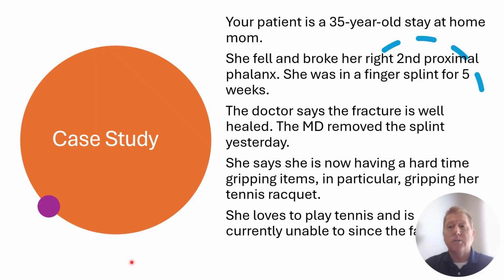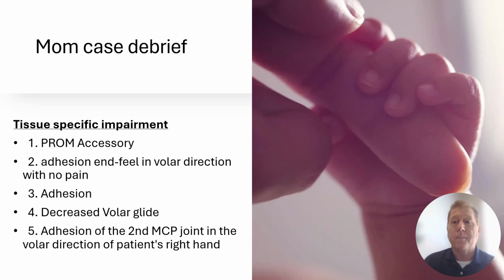All right, so in the case study, your patient is a 35-year-old stay-at-home mom. They fell, broke their finger. She was in a splint for 5 weeks. Doctor now says it's time to remove the splint, and afterwards, they're having a hard time gripping items, in particular, a tennis racket, which she is currently unable to do and therefore comes to therapy.